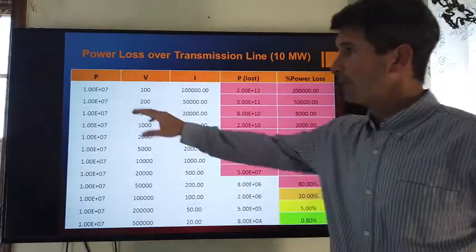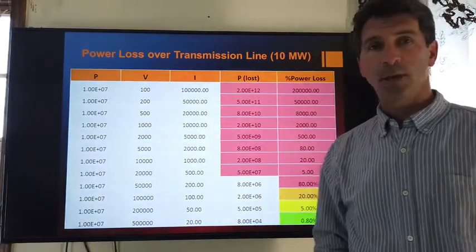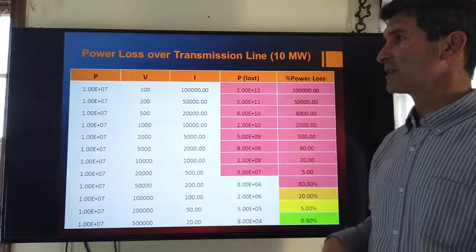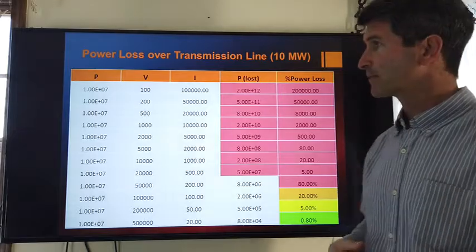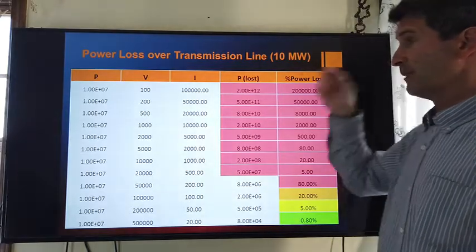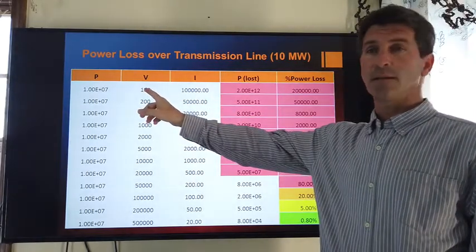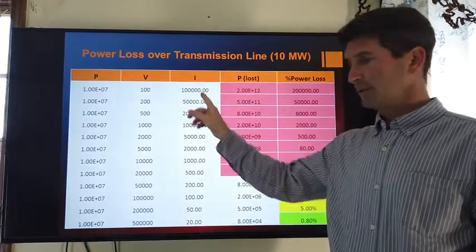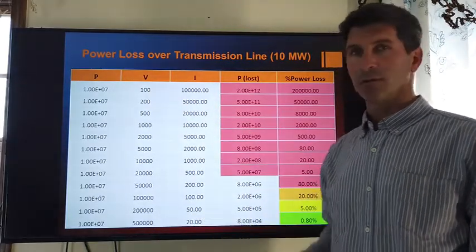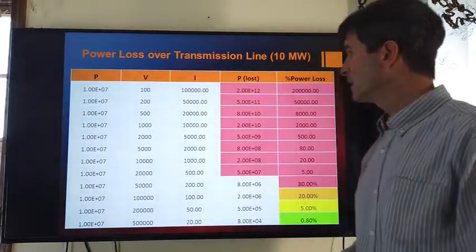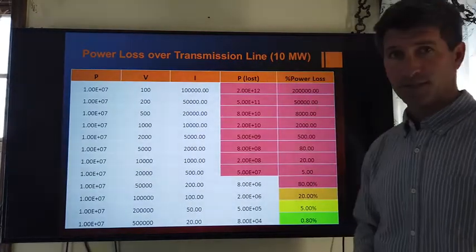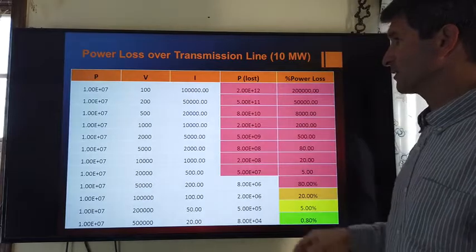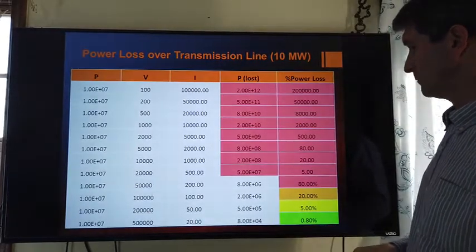Let's say that we have to deliver 10 megawatts, 1 times 10 to the 7 watts of power to our customers. Okay? To do that, we can send it at a low voltage, high current, or high voltage, low current. In this particular case, I'm going to say the power lines that we use have a certain amount of resistance.